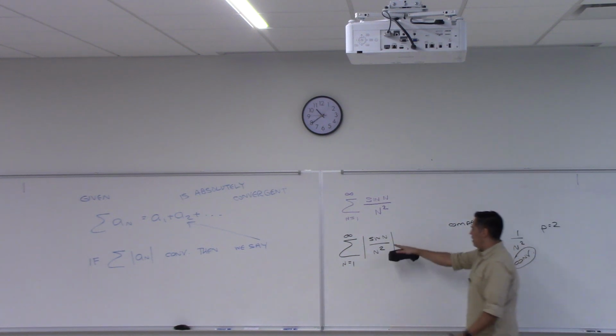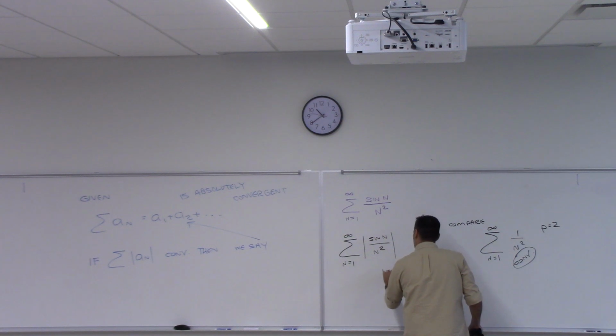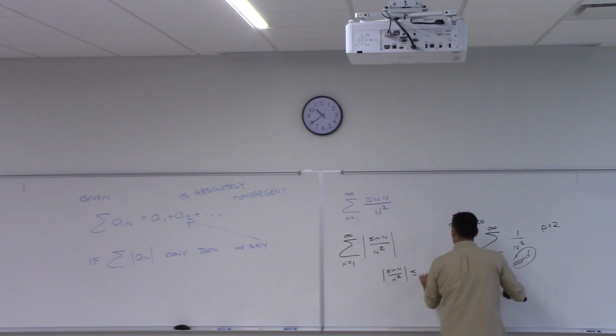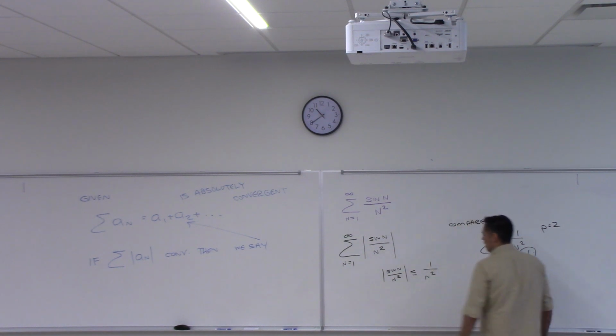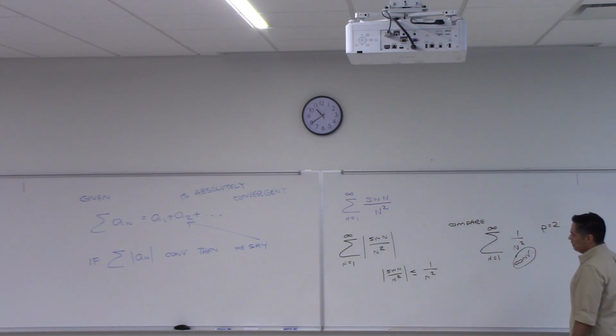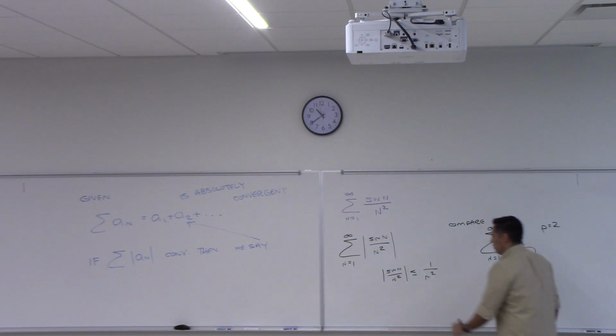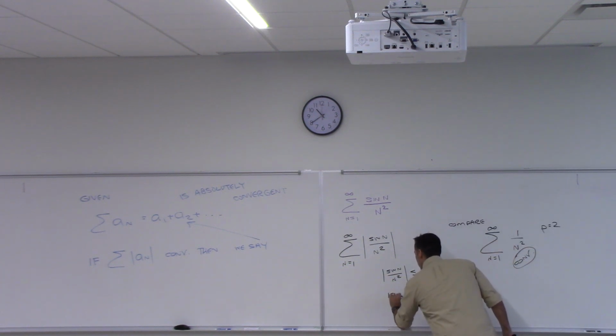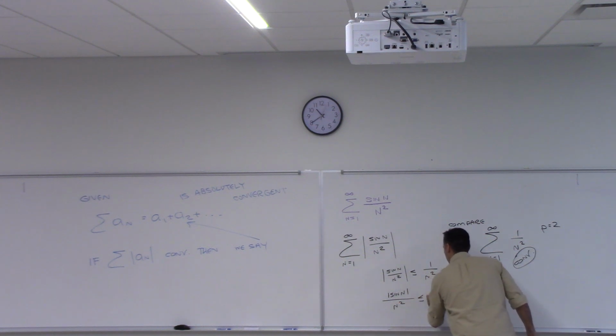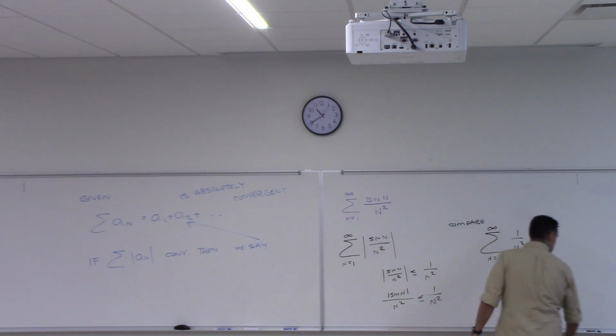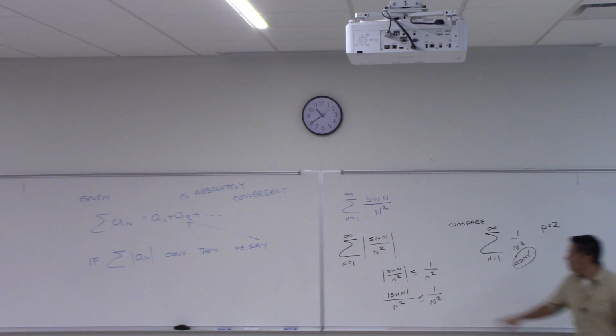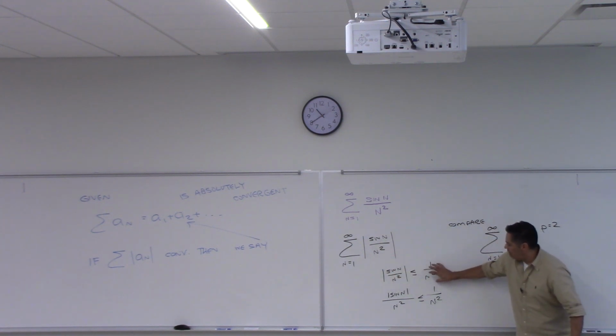I want to show that the absolute value of sine n over n squared is less than or equal to 1 over n squared. Is that going to work? Do I really need the absolute value on the n squared on the bottom? No, because n squared is always positive. I need to show that this is less than that.